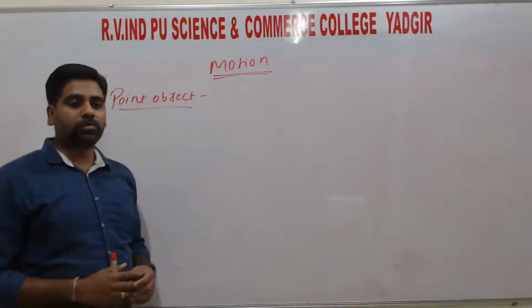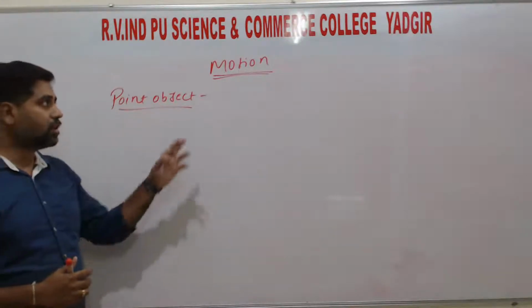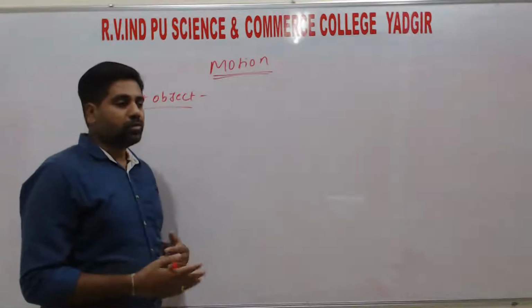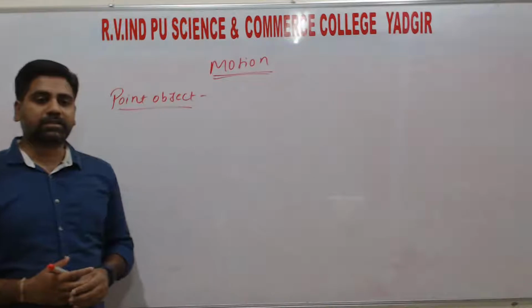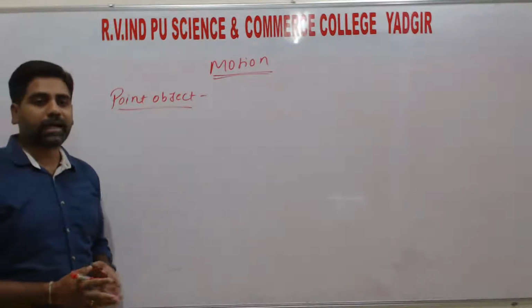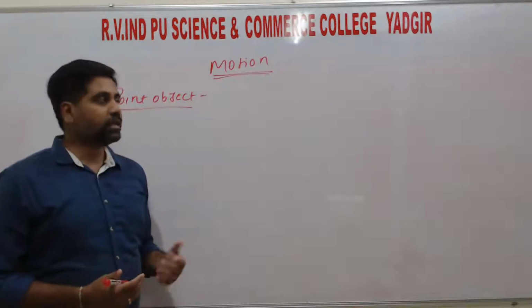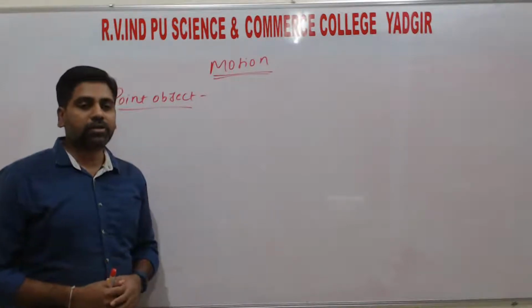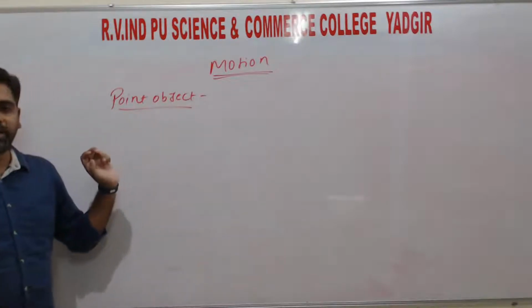So those objects are called point objects. While studying motion, there is no use of the dimensions of the objects. For example, a bus has finite dimensions, but while studying the motion, there is no use of those dimensions. So we consider that bus as a point object.